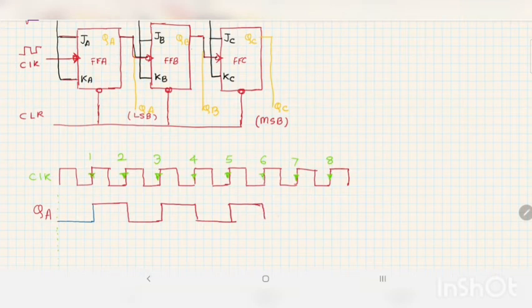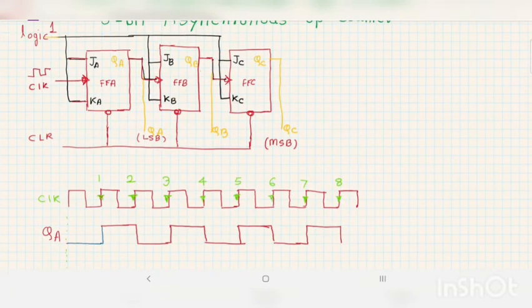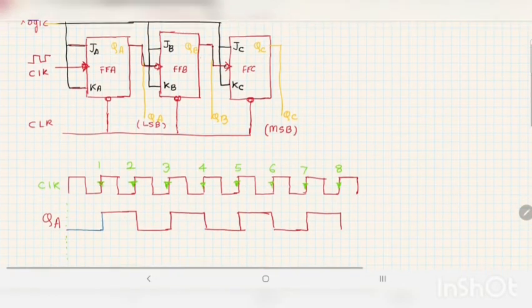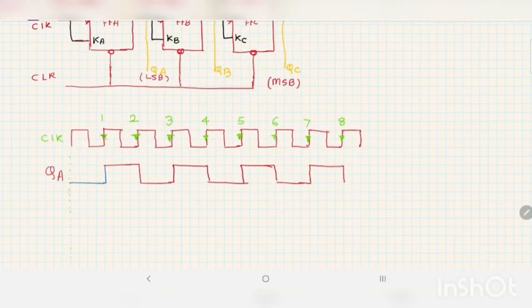As we are connecting both J and K inputs to the logic 1 level, at each negative edge of the clock pulse, the output QA gets toggled, means 1 to 0, 0 to 1 again, means we are getting the complement of the previous state.